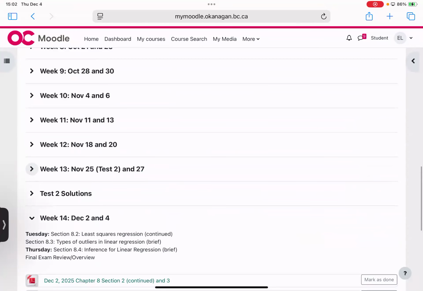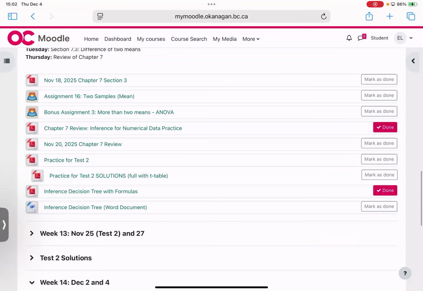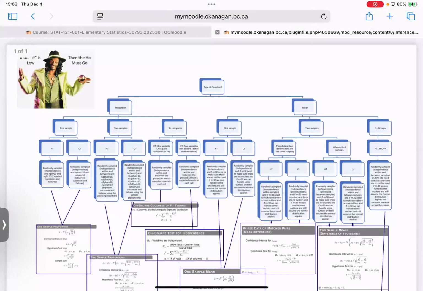I tend to hang on to my old calendars whenever I have blank ones, big pieces of paper. So if anyone wants some big pieces of paper, I think a valuable study tool would be to recreate this decision tree that we introduced for test 2, because you're going to have to do hypothesis testing and confidence intervals on the final exam as well.